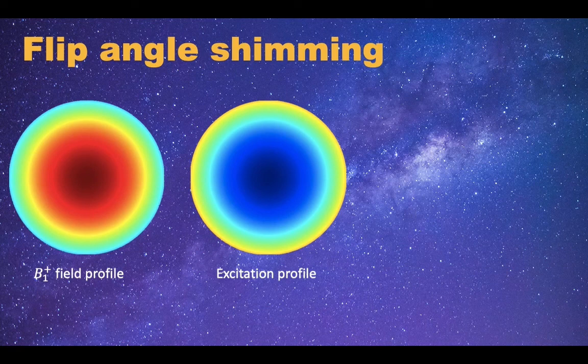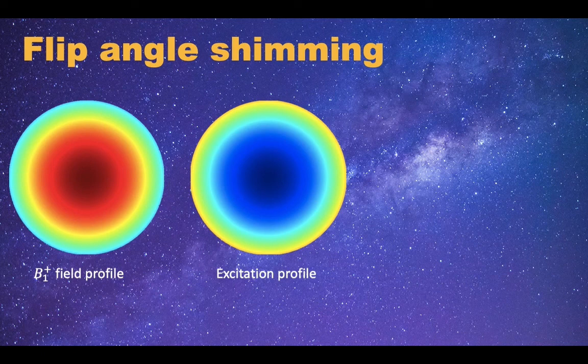The general idea of flip angle shimming is quite simple. Since we have the knowledge of the inhomogeneous B1 field profile, we want our excitation profile, which is the inverse Fourier transform of the excitation K-space, to be nearly reciprocal to the B1 field profile, so that their multiplication is relatively uniform.